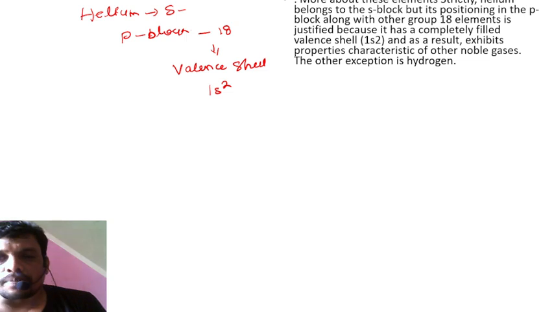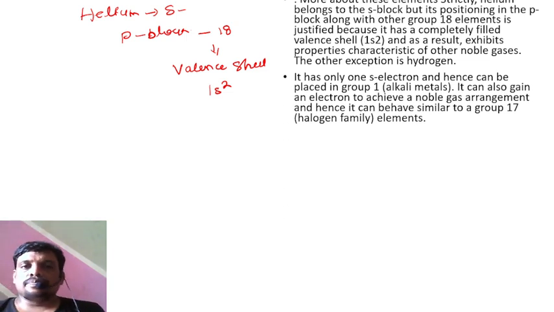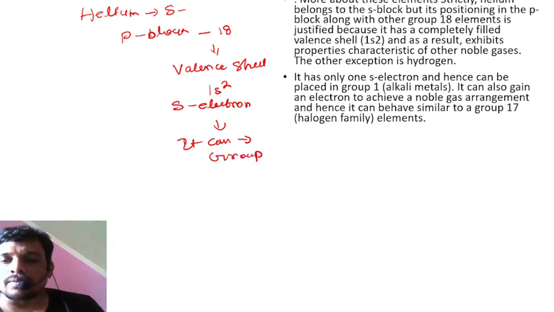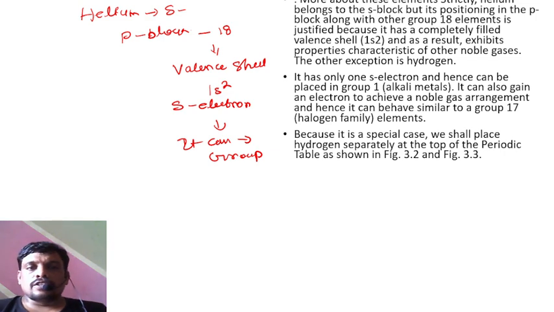Except hydrogen. It has only one s electron, as you are aware, and hence can be placed in group 1, alkali metals. It can also gain an electron to achieve a noble gas arrangement. Hence, it can behave similar to group 17 halogen family elements. We have a separate chapter on halogens and their family, where I will discuss the halogen family briefly.